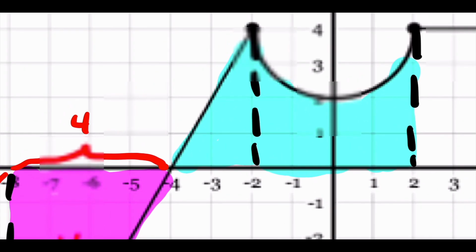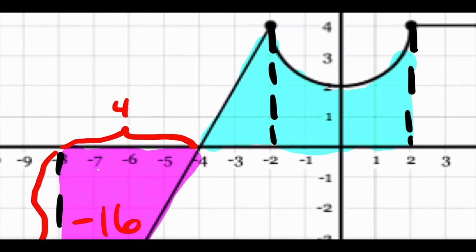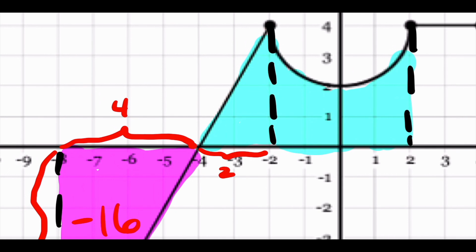There's a triangle here. So I'm going to find area of that little triangle. It looks like that little triangle has a base of 2 and a height of 4. So base times height divided by 2, 8 divided by 2, positive 4.